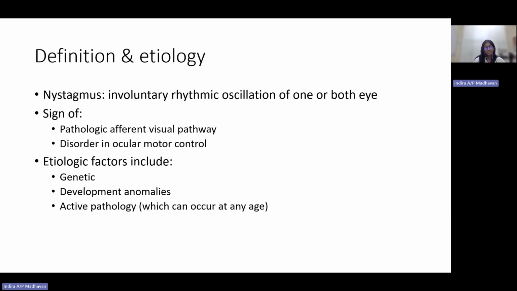The factors that lead to this are genetic disorder, where they genetically have the nystagmus problem; developmental anomalies, when the fovea is not fully developed during growth; and active pathology, which can occur at any age, such as trauma or a brain tumor at the age of 15. These are all contributing factors for a person to have nystagmus.